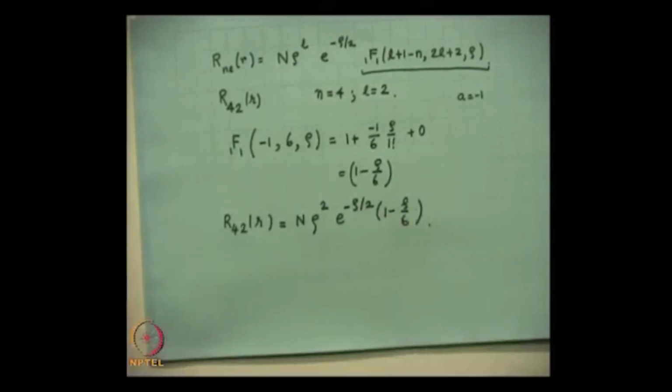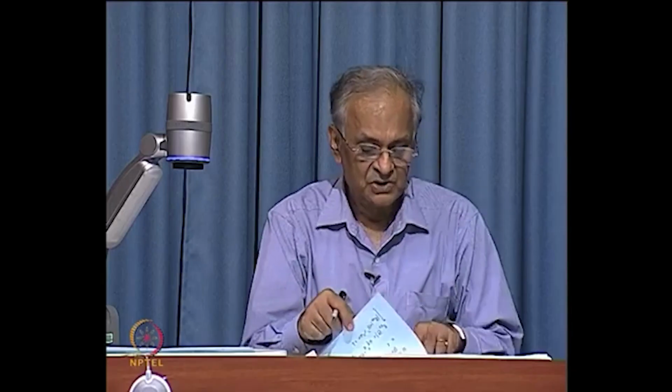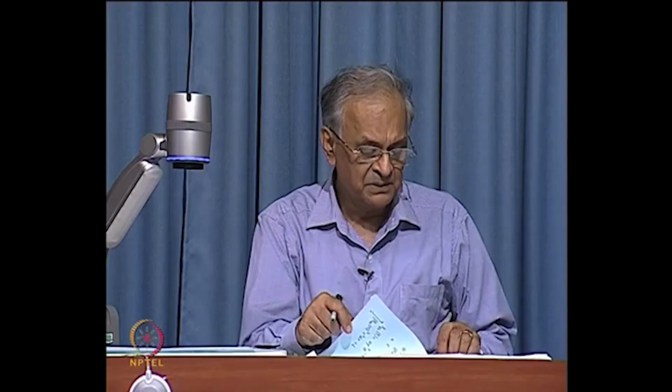The confluent hypergeometric function gives you very readily the complete radial part of the wave function, provided, of course, you are given the values of n and L. So, this completes the analysis of the hydrogen like atom spectrum.